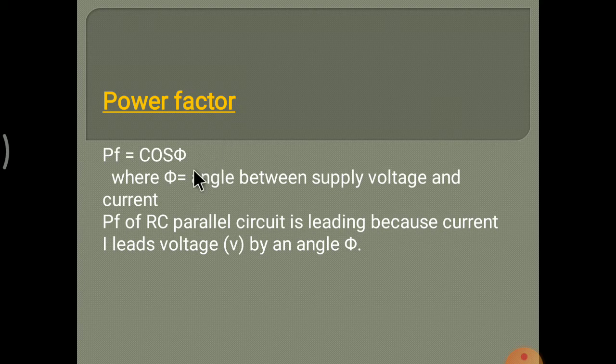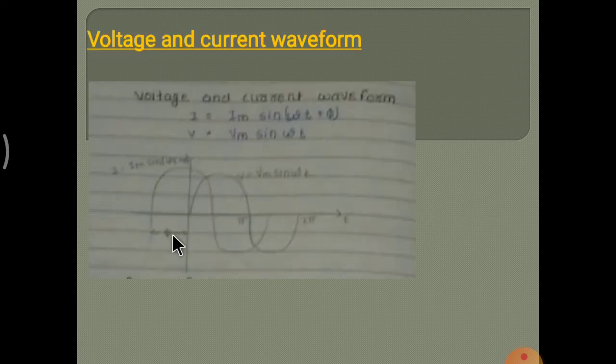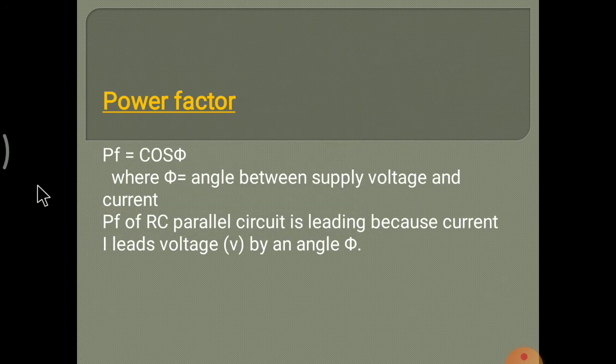Next, power factor. Power factor is equal to cos phi, where phi is the angle between the supply voltage and current. This is the angle phi, the angle between the supply voltage and supply current. So the power factor of the RC parallel circuit is leading because current I leads voltage V by an angle phi.